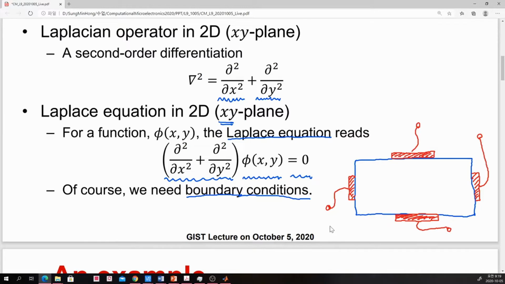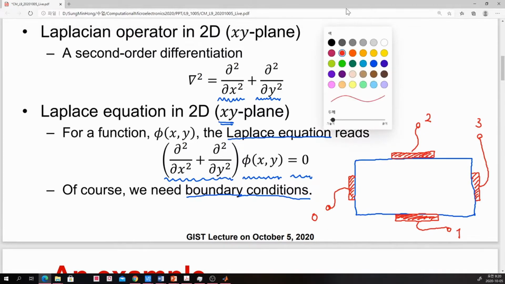We are freely setting the value of those terminal voltages. For example, this is 0 volt, 1 volt, 2 volt, 3 volt. Any numbers can be imposed on these terminals. Yes, that's okay. But the point is, this is not the only thing we have to care about. These are not the only boundary nodes.